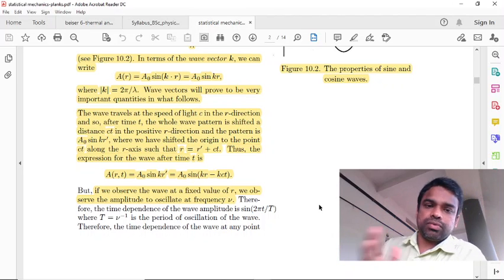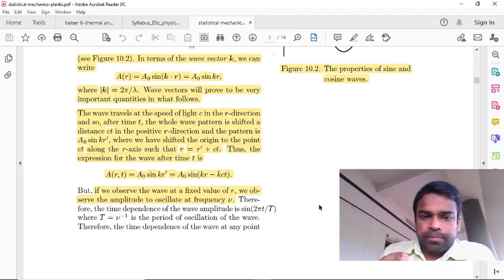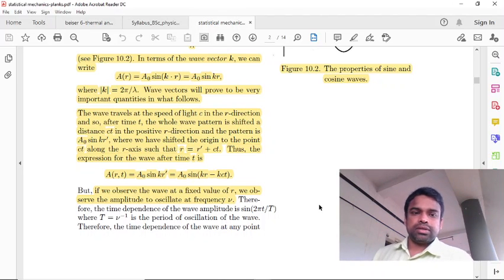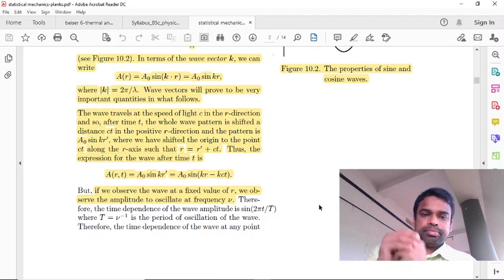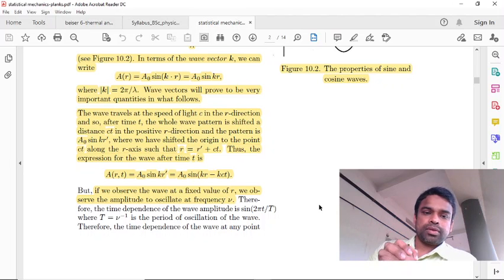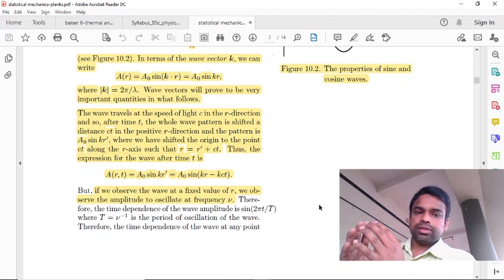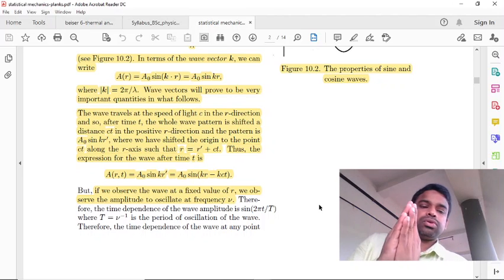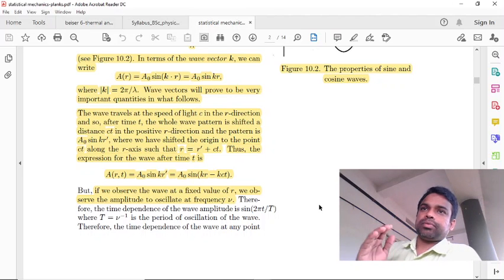From that we can say that the wave pattern is shifted ct distance in the positive r direction, and the pattern now is A0 sine kr prime. We have shifted the origin to the point ct along the r axis, such that r equals r prime plus ct.